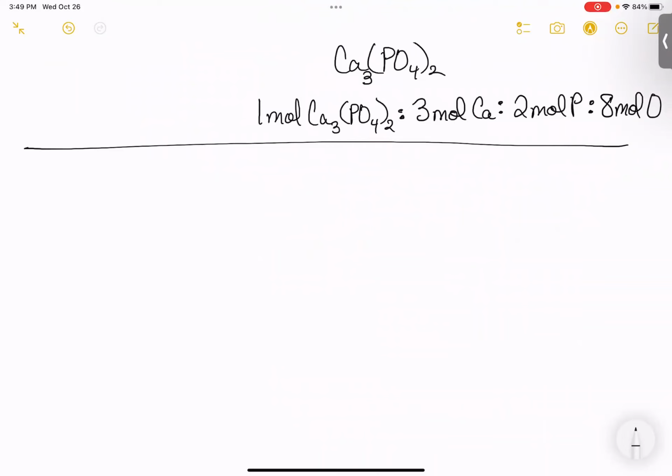So what I will be doing is I'm going to teach you how to interpret these problems, how to identify what conversion factor you need at each step along the way. So let's see.